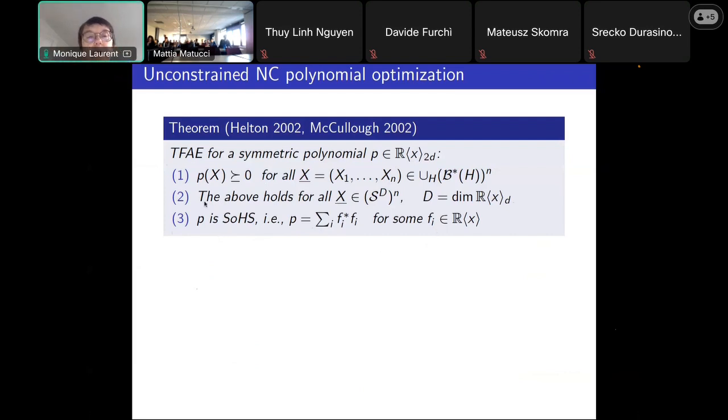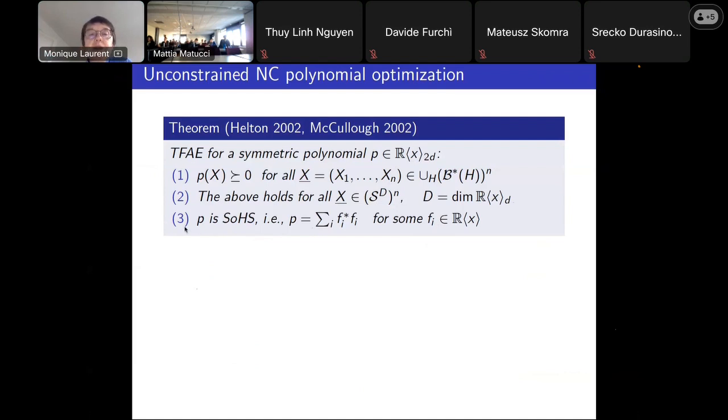This is a remarkable result. It says that non-negativity is actually characterized by being a sum of squares. If you remember, in the commutative case, this was absolutely not true. We had the result of Hilbert, which said that non-negativity being equivalent to being a sum of squares is a very rare phenomenon, only in three cases: degree 2, one variable, or a very special case.